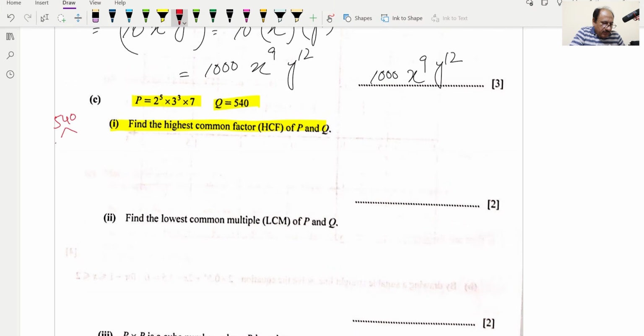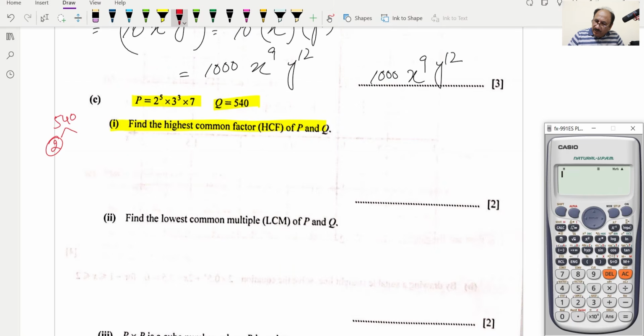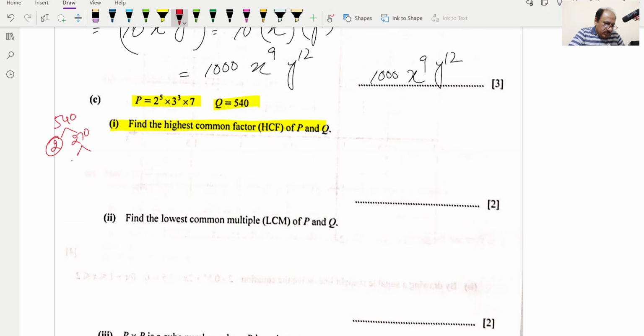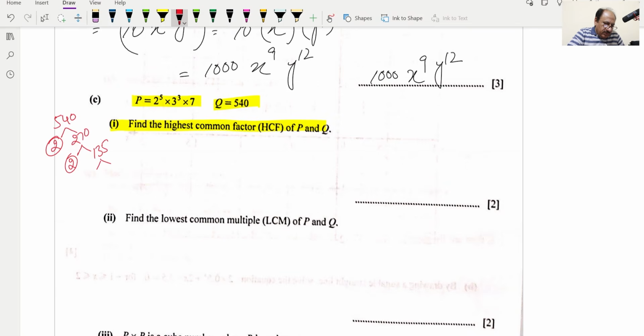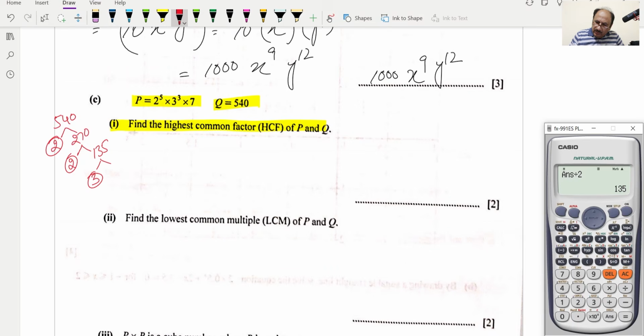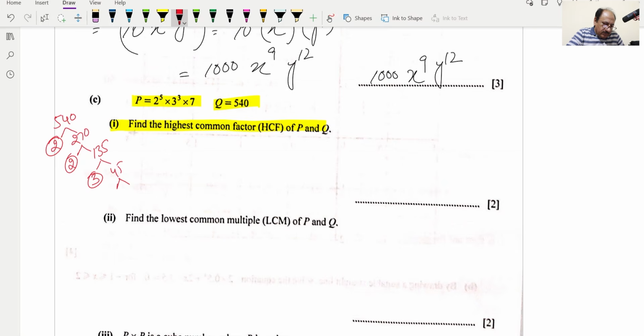So 540 divided by 2 will be 270, and 270 can be further divided by 2, and we will get 135, and 135 can be further divided by 3, and 135 divided by 3 will be equal to 45, and 45 can be divided by 15. So 15 is not a prime number, so 3 and 5.